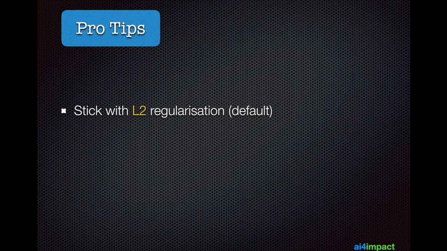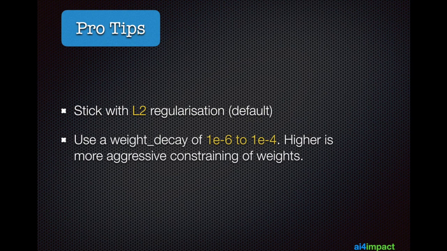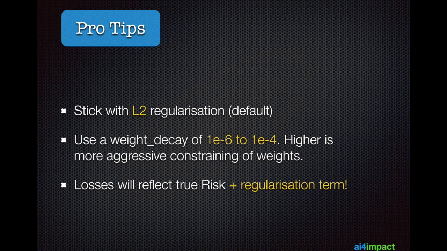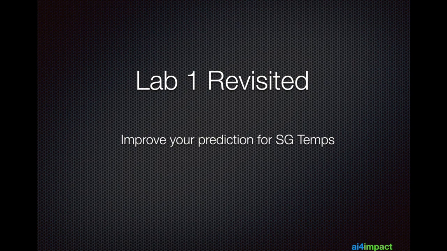I'd advise you to stick with L2 by default, especially when you start out. And of course, you need to use a weight decay of 10 to the power minus 6 to 10 to the power minus 4. Start with smaller weights and progressively increase them. Bear in mind that the losses you receive now will be an addition of the true risk with the extra regularization term. That's all for session 4.